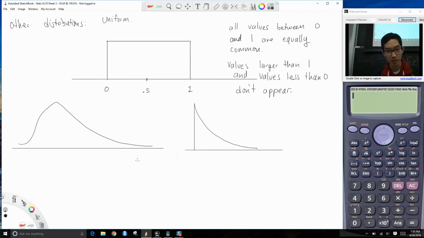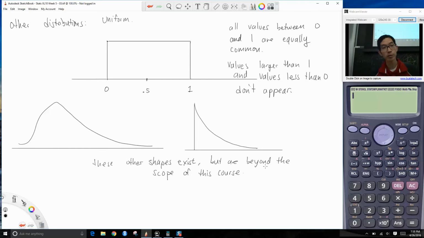Okay, so these other shapes exist, but are beyond the scope of this course. Okay, and again, these are just theoretical shapes that say this is kind of how our data should be distributed.